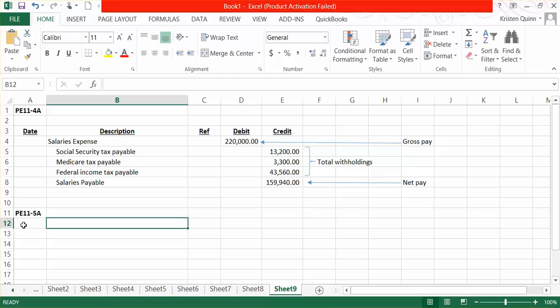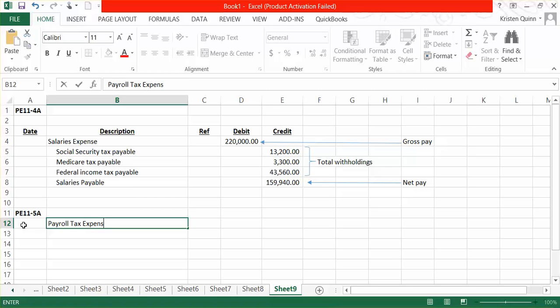They also have to pay FUTA and SUTA, known as Federal Unemployment Compensation Tax and State Unemployment Compensation Tax. Please note that this employer does not have to pay federal income taxes.